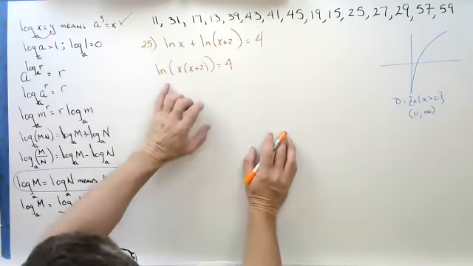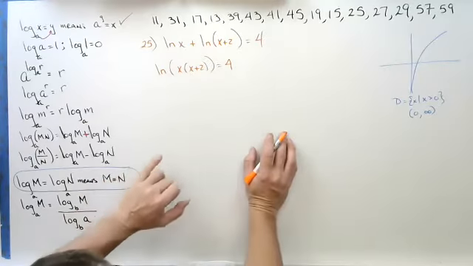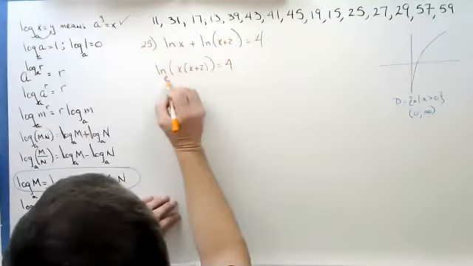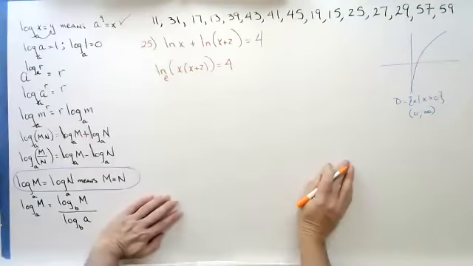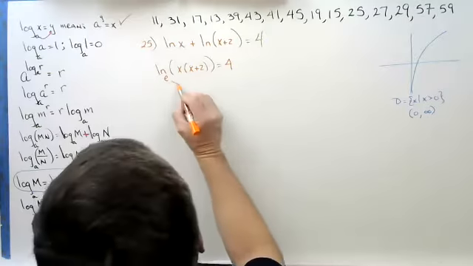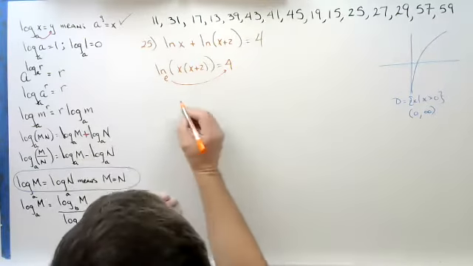Now, what happens if we have a log and a number? Okay, well, there's a power right there. I know I called it a power, but it's really a base. I apologize. There's a base right there. And we know what happens. This thing goes over here and power lifts that. And we get this.